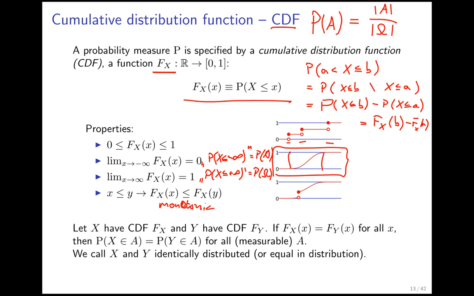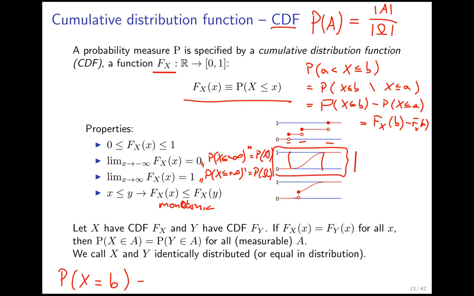There is one little remark that I want to make, which may seem a little absurd if you're not used to it. Well, let's consider again this second CDF here, the one which is continuous, which has no jumps. And now we want to calculate the probability of the random variable corresponding to this CDF being equal to b.